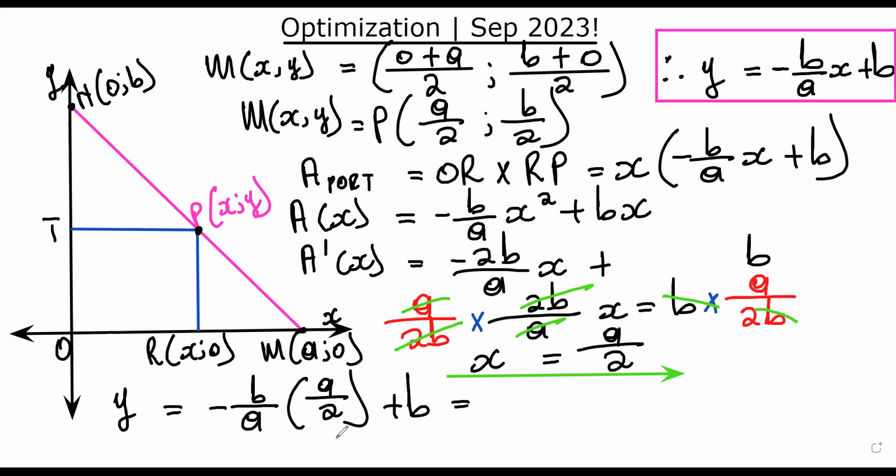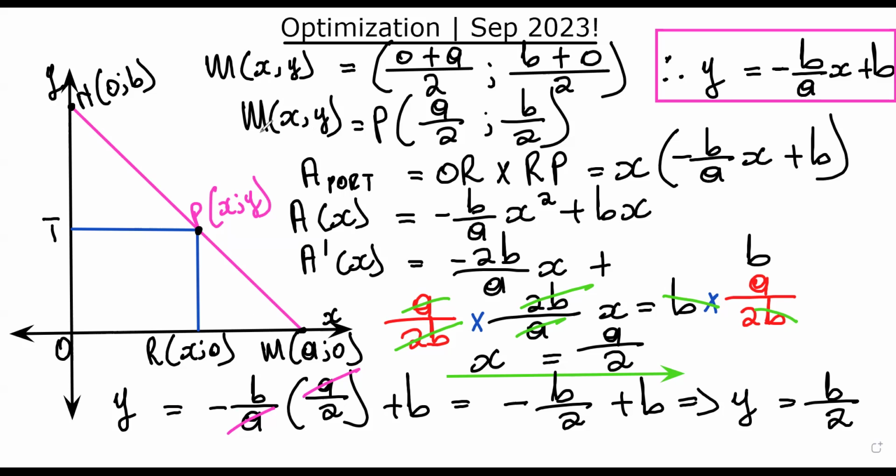Well, sorry, I wanted to say a and a will cancel out. So we are actually left with negative b over 2 plus b. And if we say 1 minus half, well, we actually get a positive half. And of course, half b is exactly the same as b over 2.